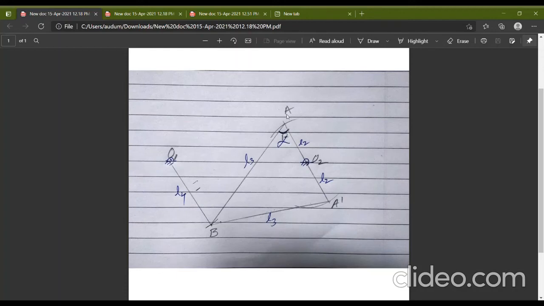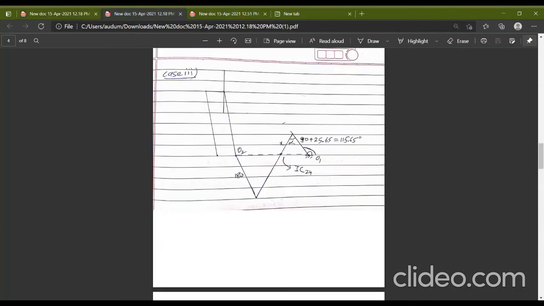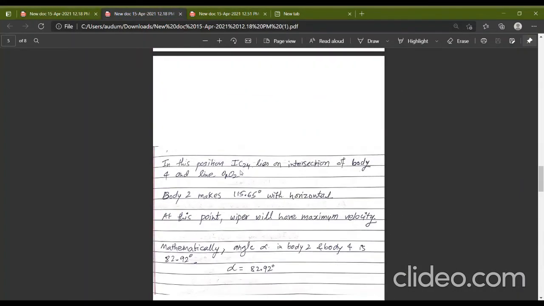These two positions will be diametrically opposite to each other, but the position of body 4 in both conditions will be the same, that is point B. Now the points A dash and B make an isosceles triangle. Hence we know all three sides of this triangle, and we can easily find the angle alpha. After calculation we found that angle alpha is 82.92 degrees.